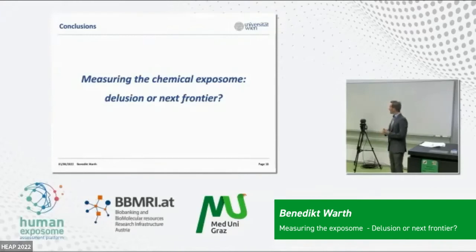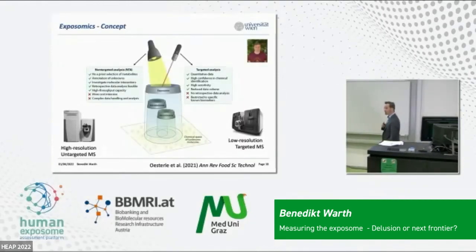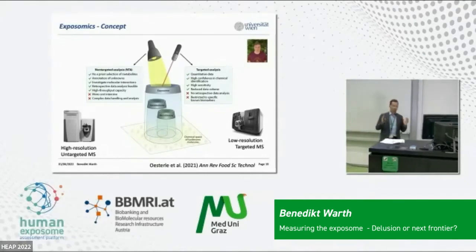And I think with all these networks, EHAN, ARENA, and so on, in a couple of years, we should be there. From the concept of exposomics, I hope that I could convince you that high resolution is not the ultimate solution right now. We still need to match them up with targeted methods to get more sensitive data and have the quality control we need.